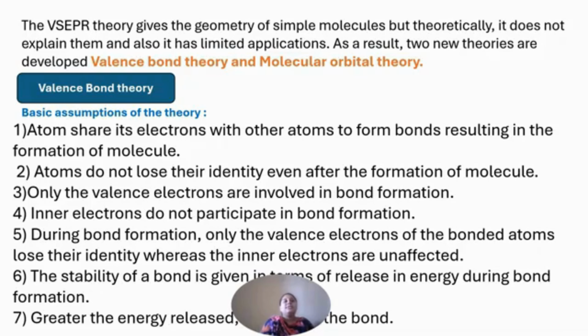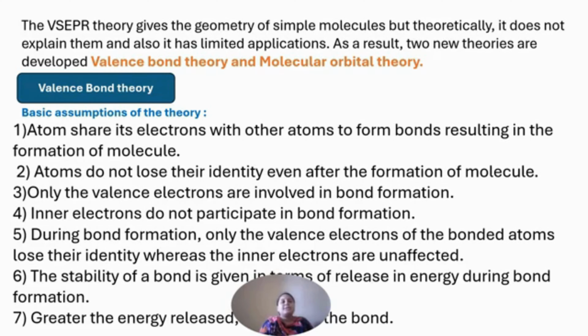So from VSEPR theory, we came to a conclusion by studying the geometry of simple molecules, but theoretically it couldn't explain properly and there are certain limitations, and as a result 2 other new theories were developed, that is VBT and MOT, valence bond theory and molecular orbital theory. So what are the basic assumptions of the valence bond theory?